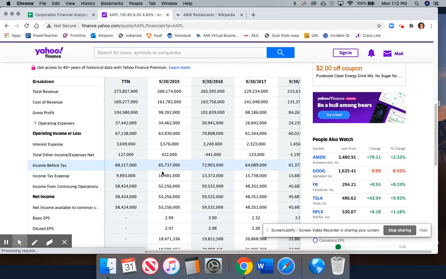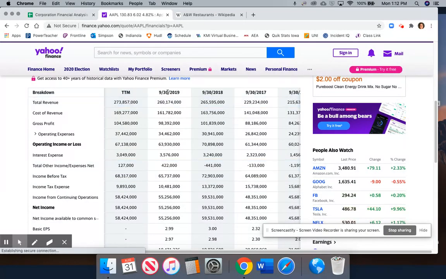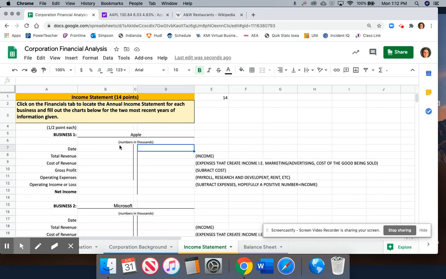So for the income statement, the two most recent years that I have dates for, 9/30/2019 and 9/30/2018, I'll put those in there. And then I'm going to put the information in these boxes for each of those years. So total revenue, that's how much money they've brought in.